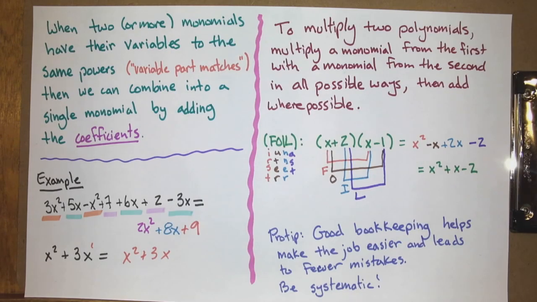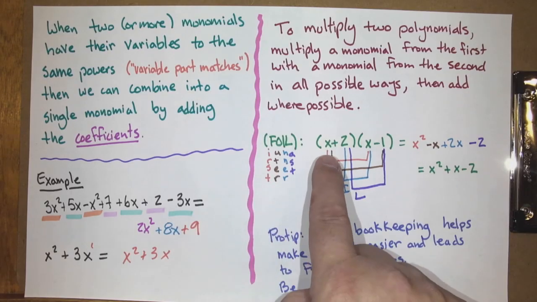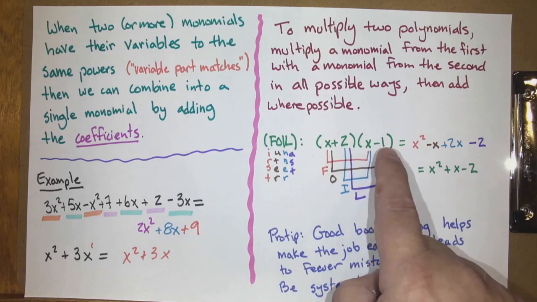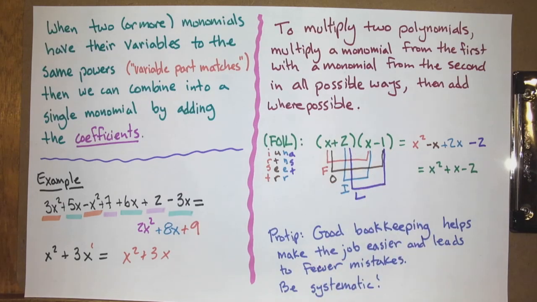And if you think about what FOIL is, here I have two monomials to pick from. And here I have two monomials to pick from. So there's two I can pick from the first, two I can pick from the second. So that gives me a total of 4 combinations, 2 times 2. So when I multiply out, I have 4 pieces, and I put them back together.